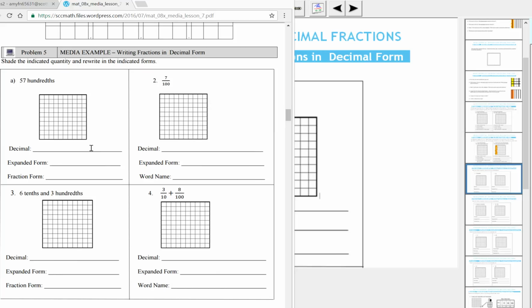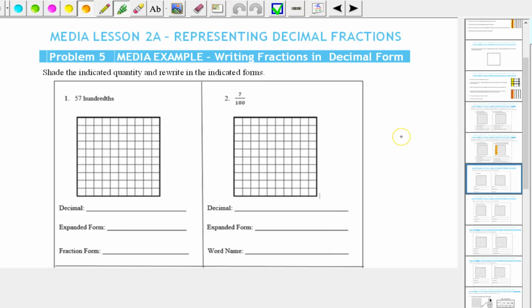We also start talking about expanded form, which is a little different from what we did in Unit 1. If we had 213 in Unit 1, we wrote the expanded form as 200 plus 10 plus 3.